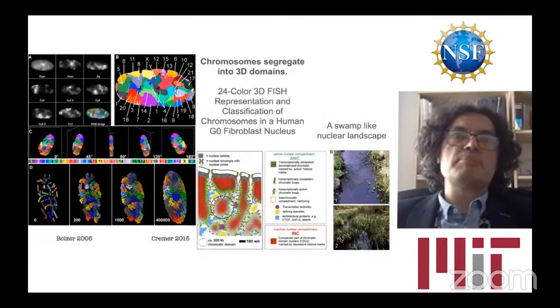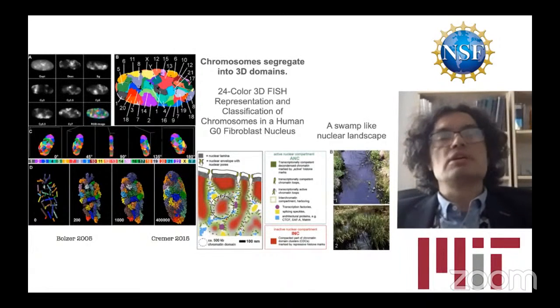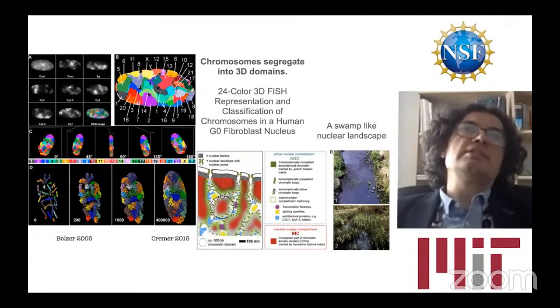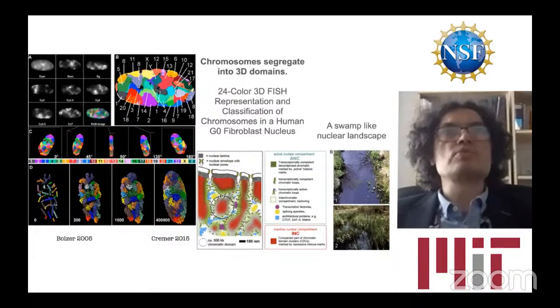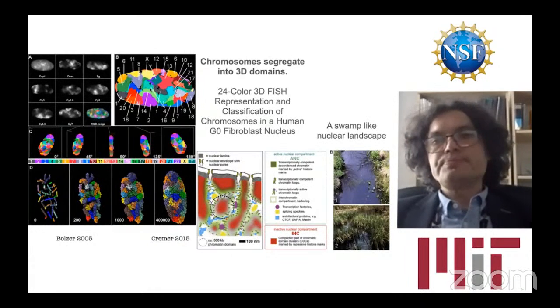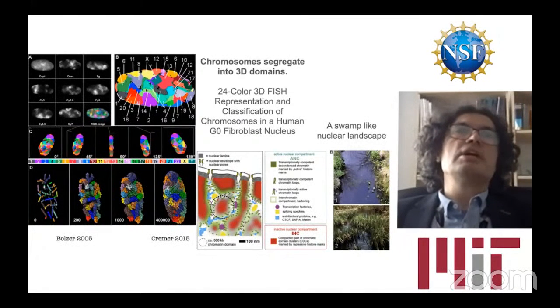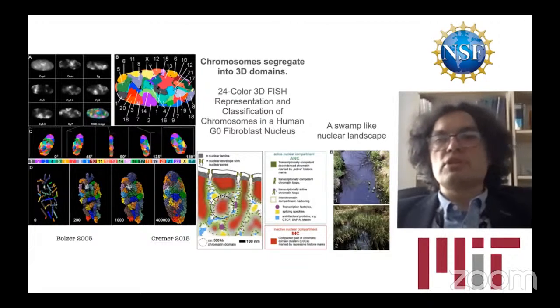Okay, so what we learn up to now from microscopy, first of all, this is the fundamental observation, that chromosomes do not mix. So they occupy separate subvolumes of the nuclear space, and therefore, if you use some oligopainting to color a specific chromosome, then those colors will not mix.